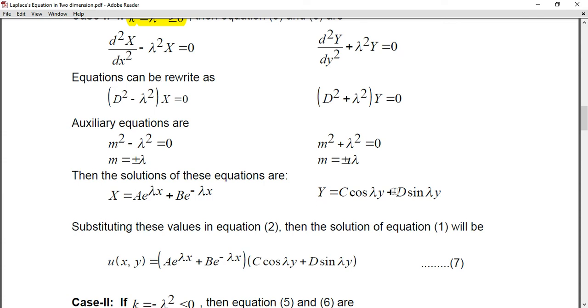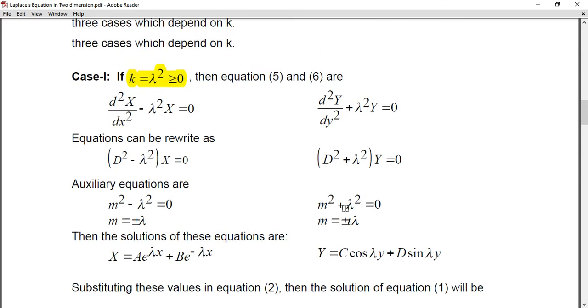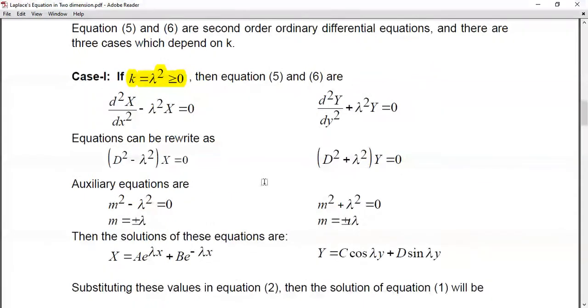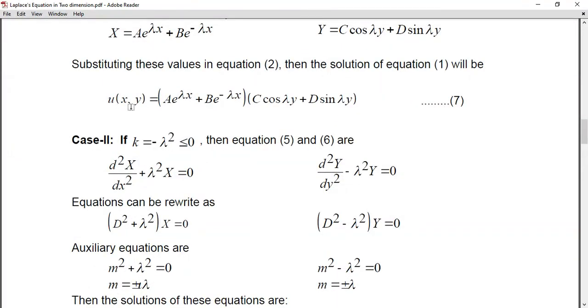When we put these values of X and Y in the assumed solution u(x,y) = X Y, where X is a function of x and Y is a function of y, we get u(x,y) = (a e^(λx) + b e^(−λx))(c cos λy + d sin λy). This is the first solution of the given Laplace equation.